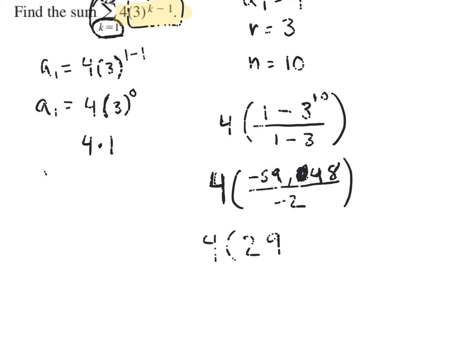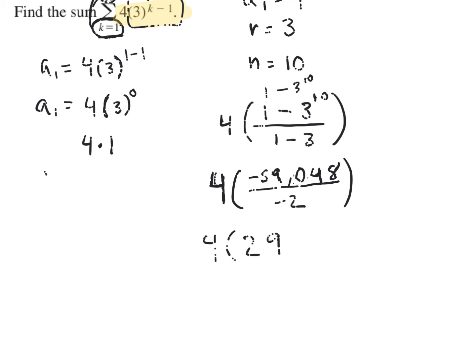So this would give us 29,524. And then we have to multiply that by our 4 out front. And that would be 118,096. And that's our answer.